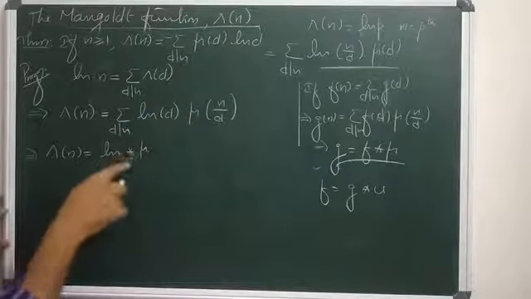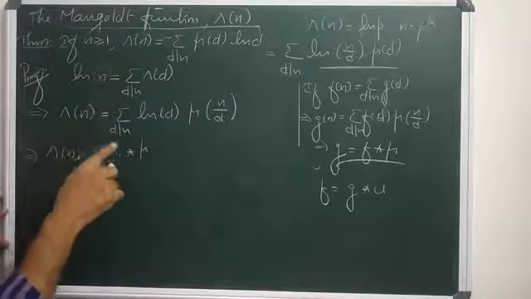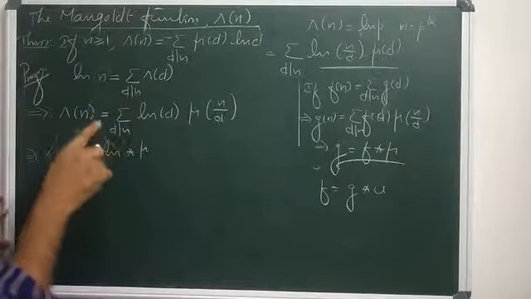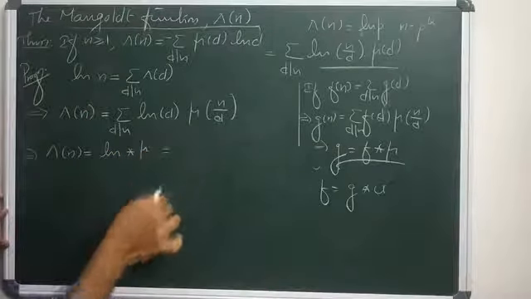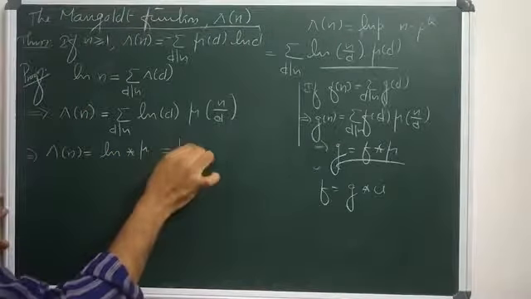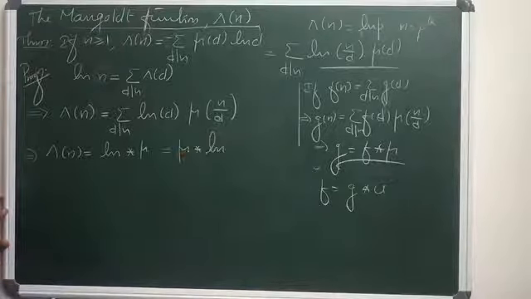But we know that the Dirichlet convolution, or the Dirichlet product, is commutative. So log * μ is nothing but μ * log.